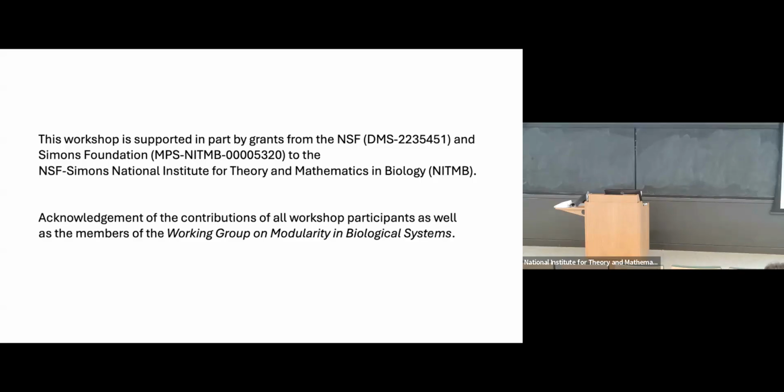So how have you been thinking about connecting these modules when you're looking at really fine-grained structure versus really coarse-grained structure? Yeah, so I think we need to look for multi-scale modules, right?